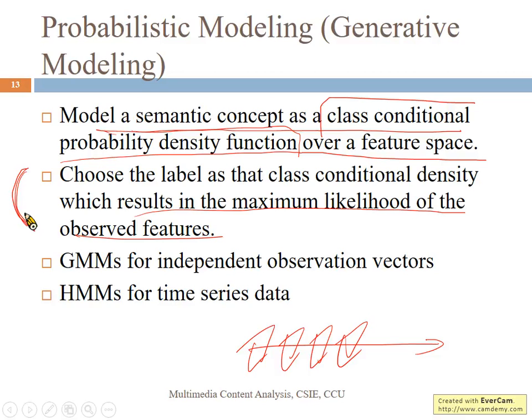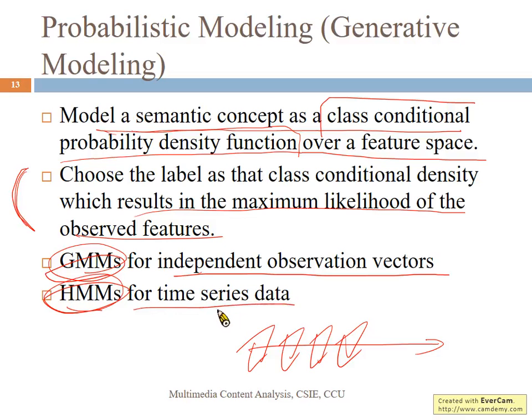Here they use a Gaussian mixture model to describe independent observation vectors. If we consider a concept that has time evolution, we use a hidden Markov model to describe the time series data, like the sound of people walking, the sound of applause, the sound of laughter.